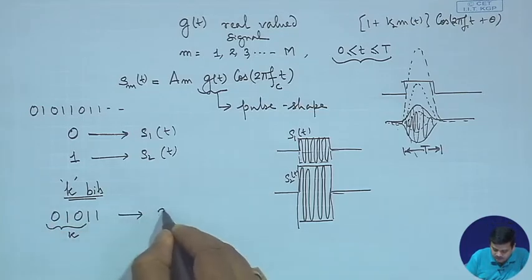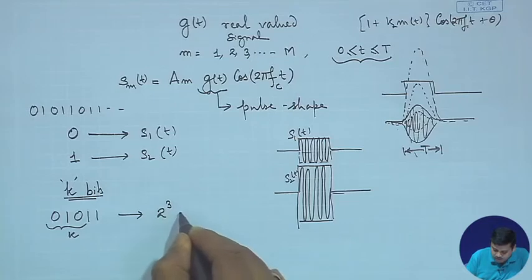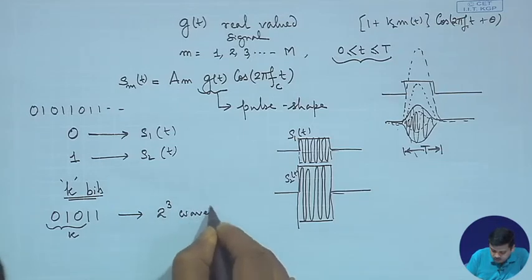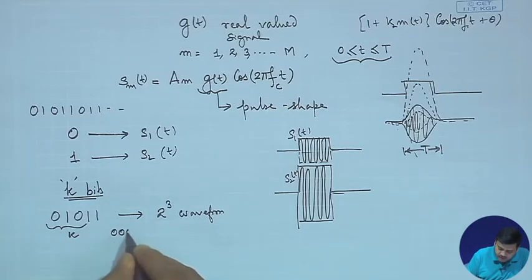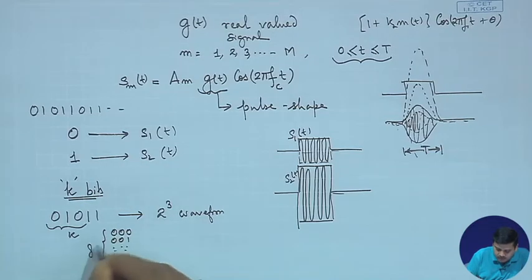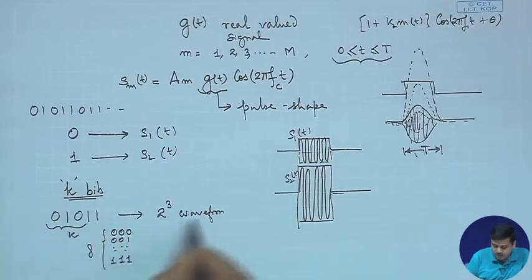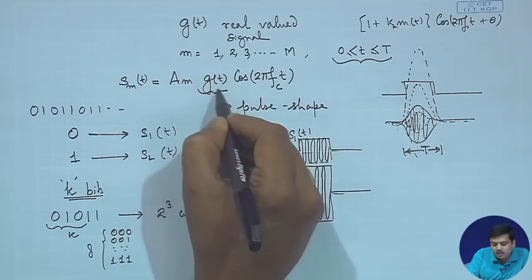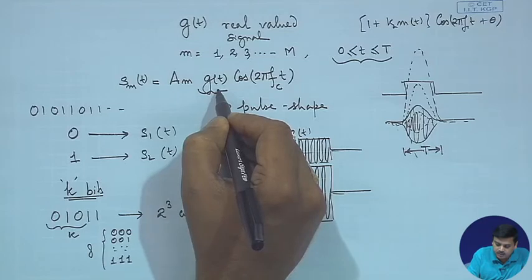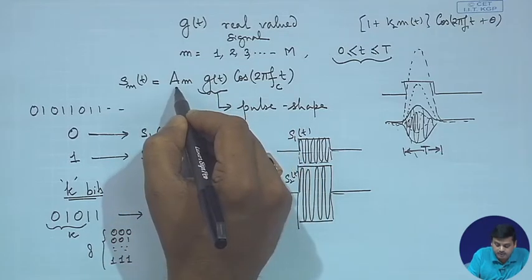So, we should have 2 to the power of 3 waveforms, because whenever you select 3 bits, you are going to get 000, 001, and so on up to 111, which are 8 possible combinations. Each combination should map to a waveform. This means I should have 8 different amplitudes. This is not dependent on m as per this representation, only the amplitude is dependent on m.